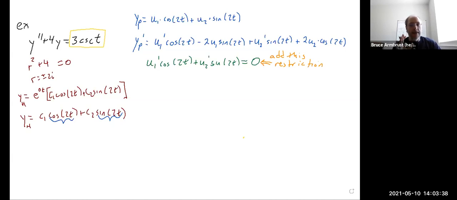Same kind of thing is happening here with u1 and u2. I actually have the ability to put two conditions on them and still be able to find them. If I added a third condition, it's possible that I get a system that doesn't have a solution.